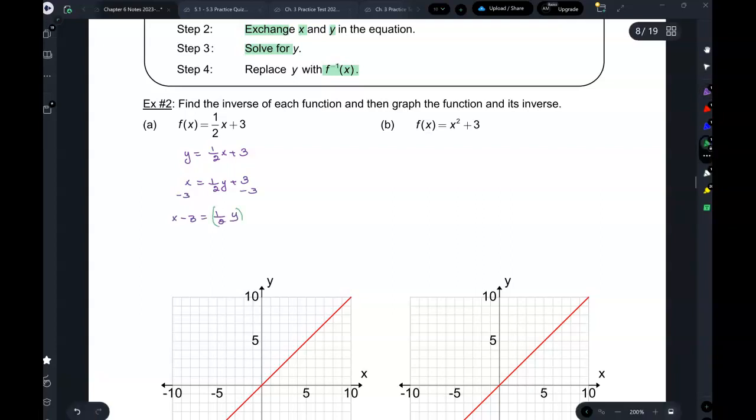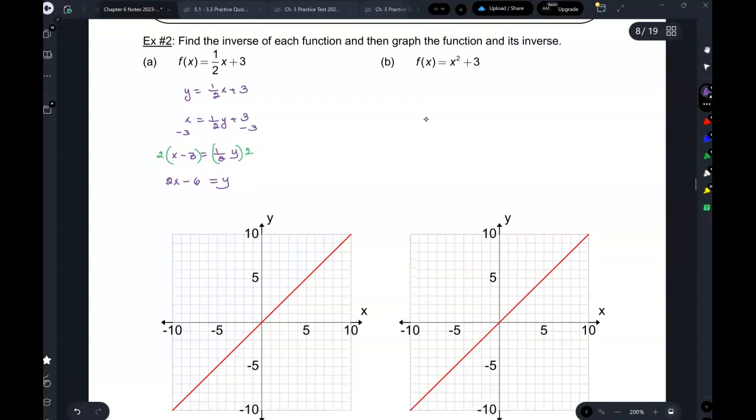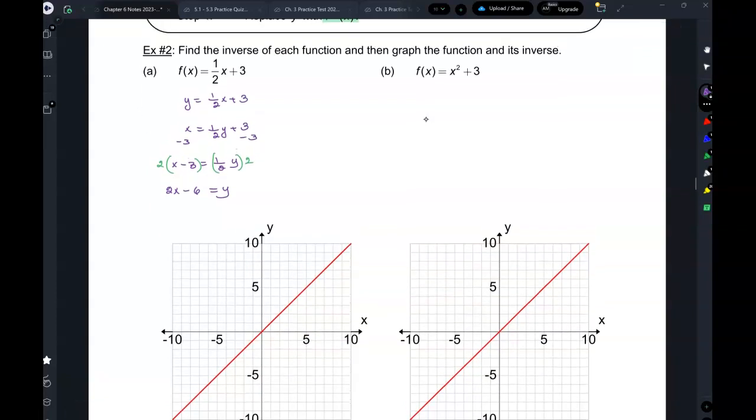Multiply everything by 2. So I get 2x minus 6 is equal to y. Okay, so now we found y is equal to 2x minus 6, but we can't leave it like that. You have to rewrite it as f inverse of x is 2x minus 6.